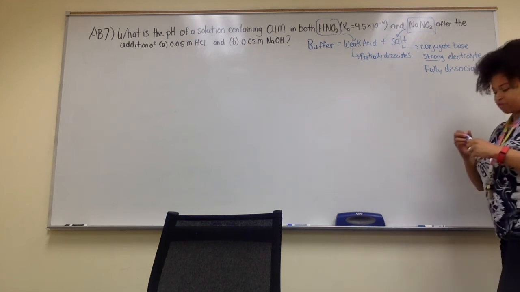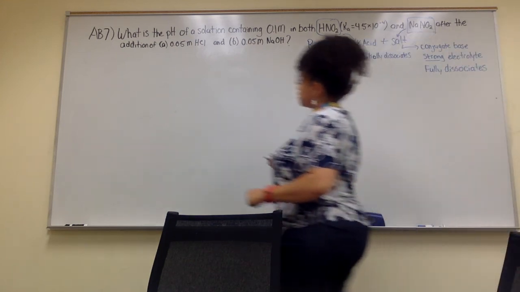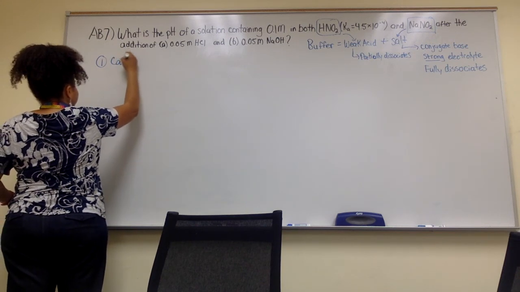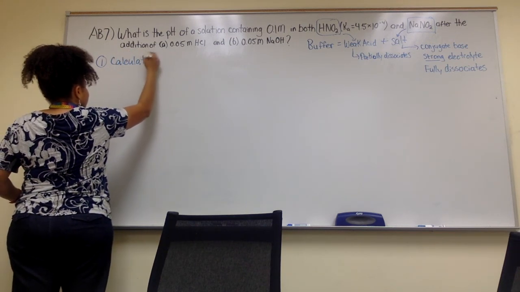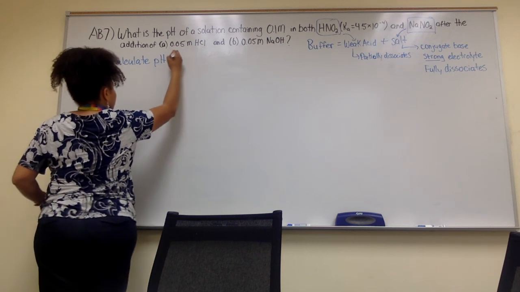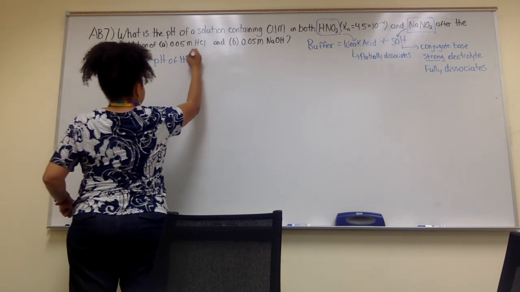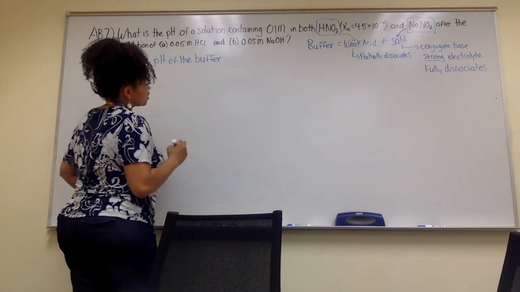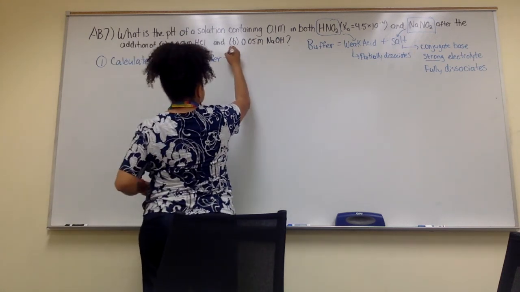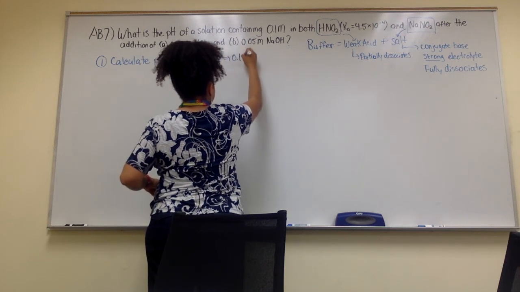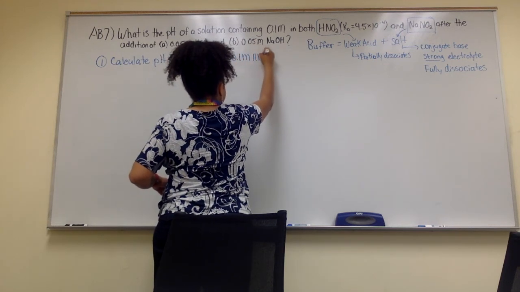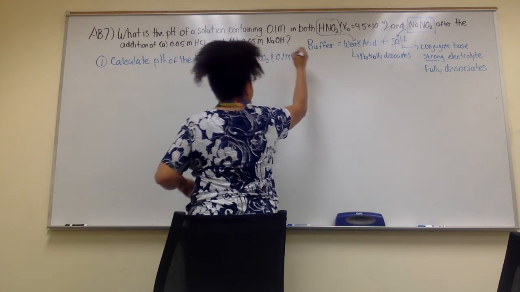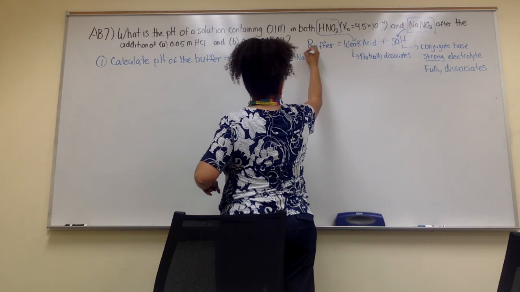All right, so the first step in all this is to calculate the pH of the buffer, which is 0.1 molar HNO2 and 0.1 molar NaNO2.